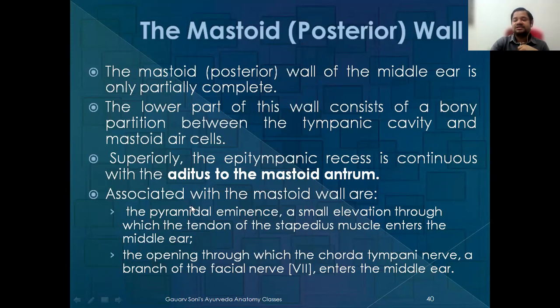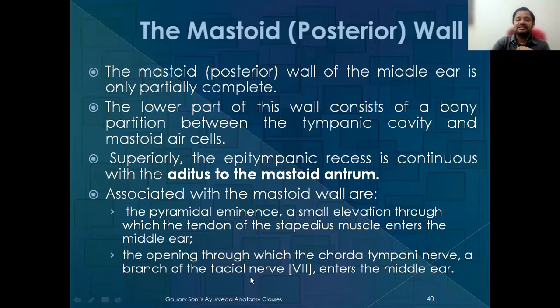Next, there are two special features also present on the posterior side. Number one is the pyramidal eminence, which is a small elevation through which the tendon of the stapedius muscle is going to enter the middle ear. The first one is the pyramidal eminence, through which the stapedius muscle is going to enter. This is one of the smallest muscles of the body, related to the stapes bone.